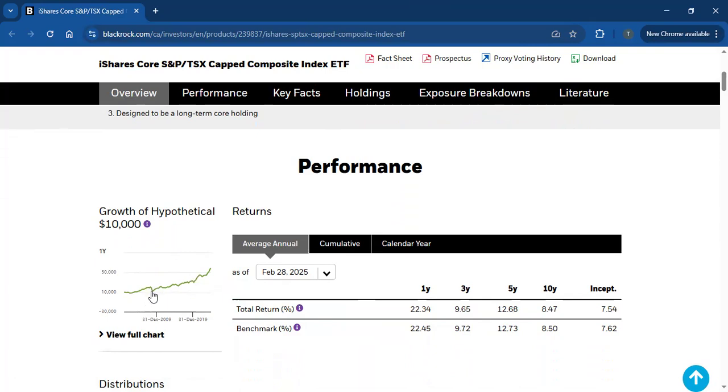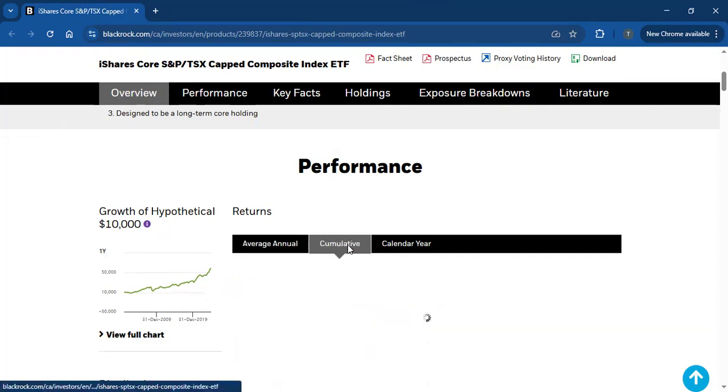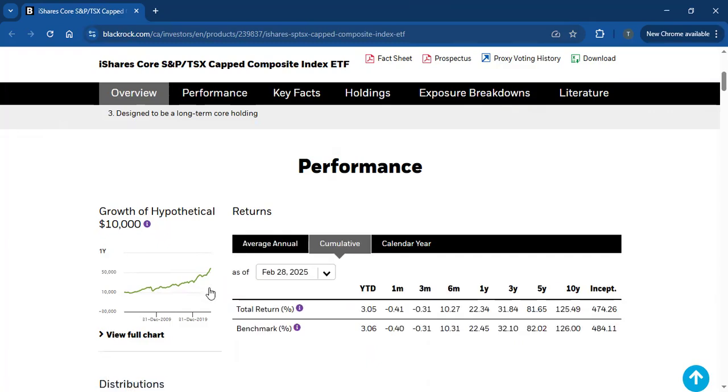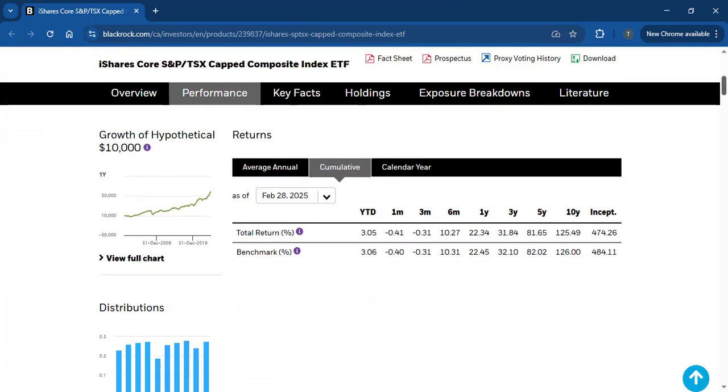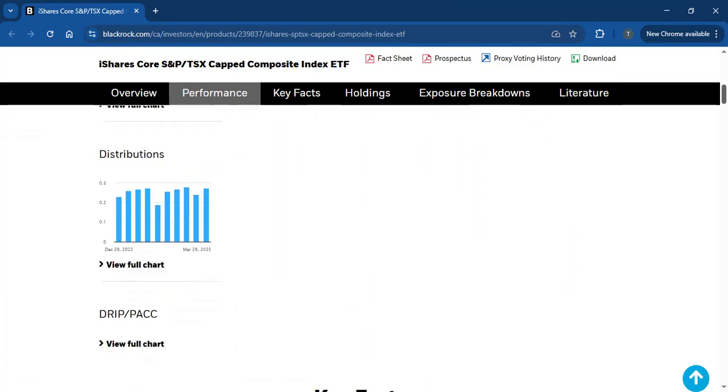It might have some up and down price movement, but overall it goes upward. You can even look at the cumulative returns, and it's still the same thing. It just goes up. So that's the return or the performance of the ETF.